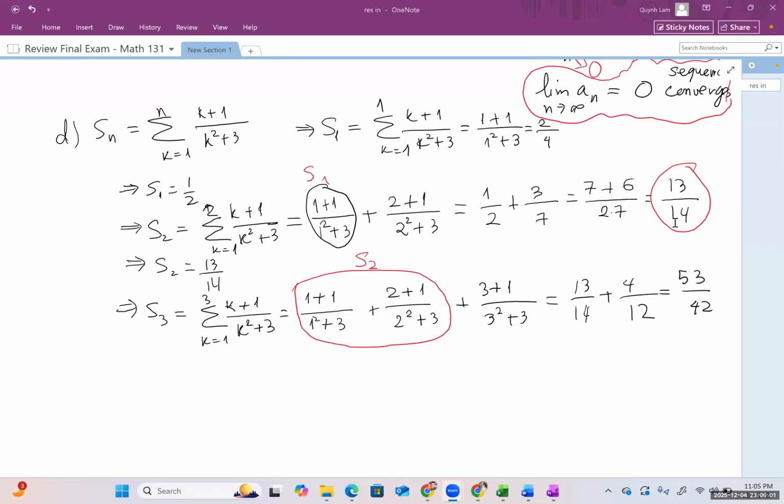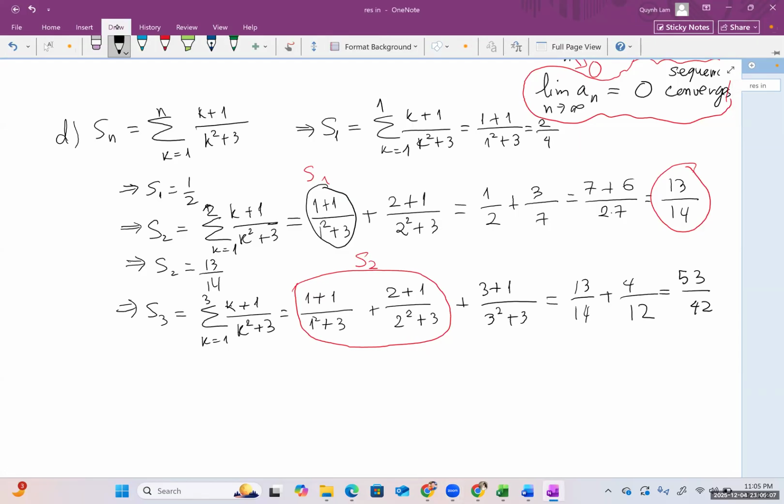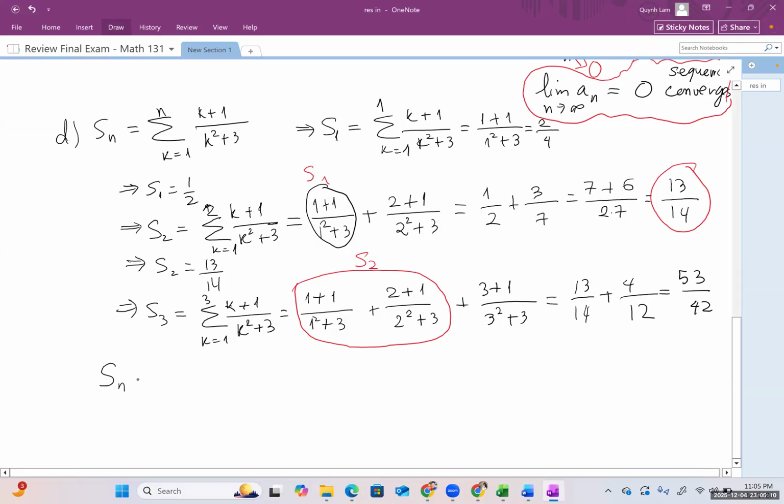So now the sequence S_n will be the list of 1/2, 13 over 14, and 53 over 42.